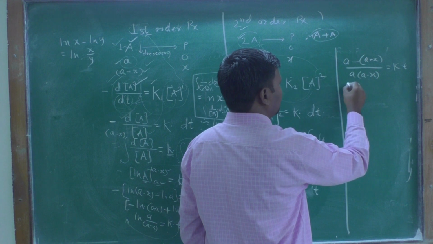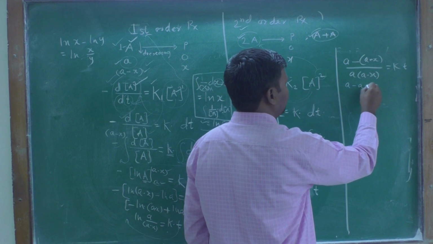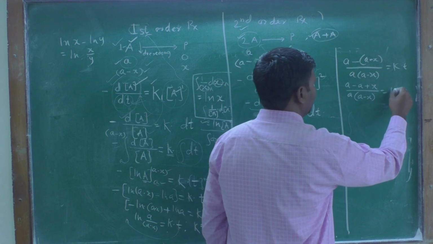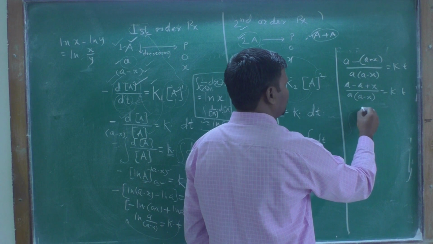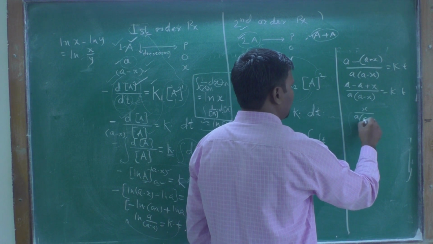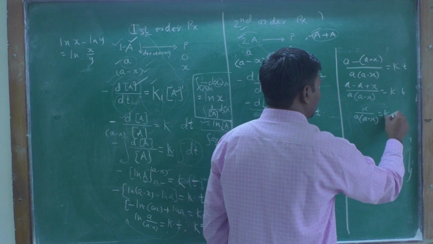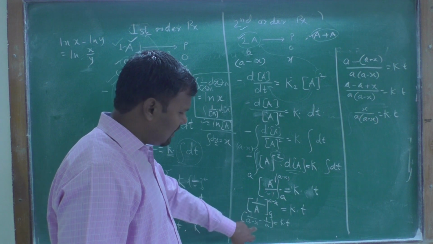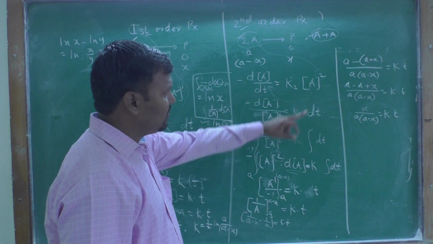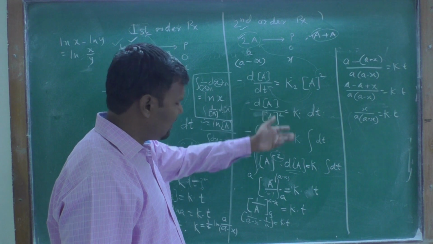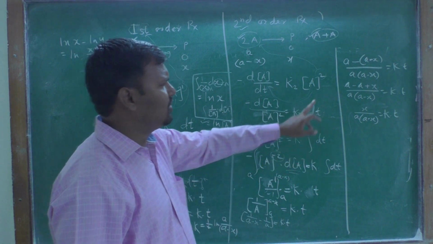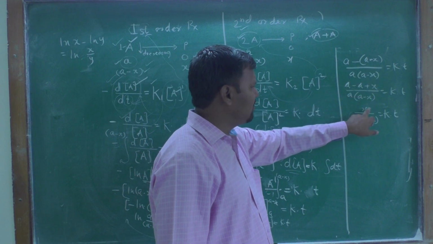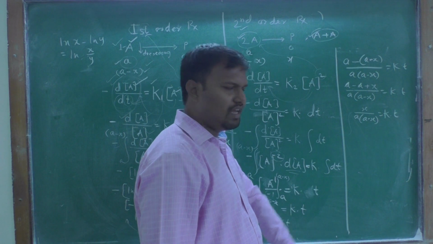Therefore we remove this: a minus a plus x upon a minus x is equal to kt. Minus cancels, so x upon a minus x is equal to k into t. Okay, like that you cross multiplied a, and at the other side a minus x we write like that, minus and in bracket a minus x, therefore its sign is changed, minus a plus x, a minus a cancels, remain x, a minus x into kt.